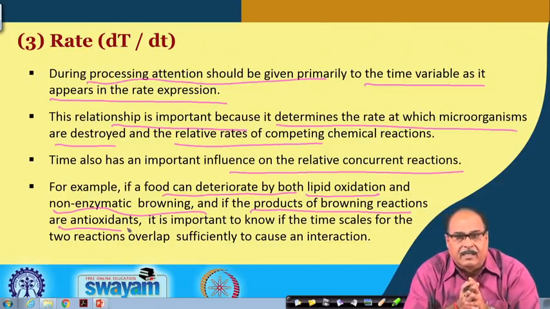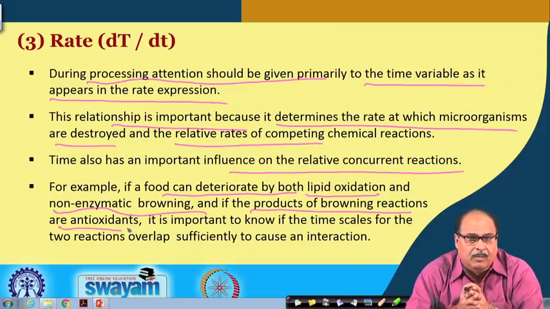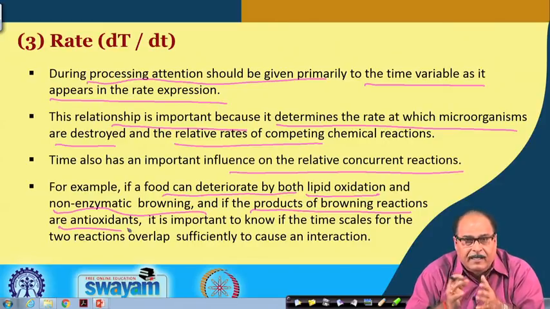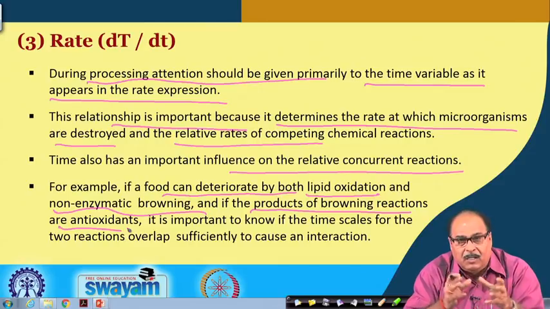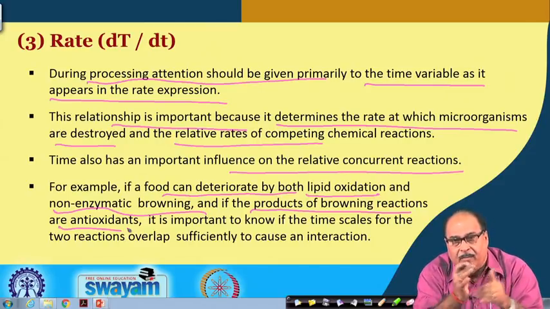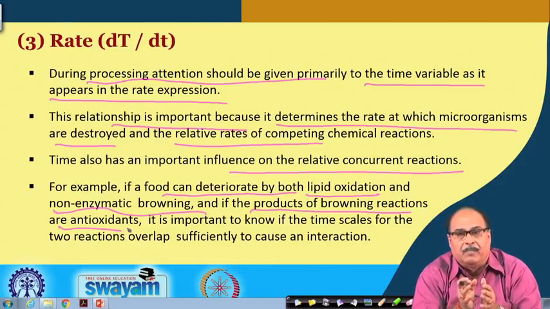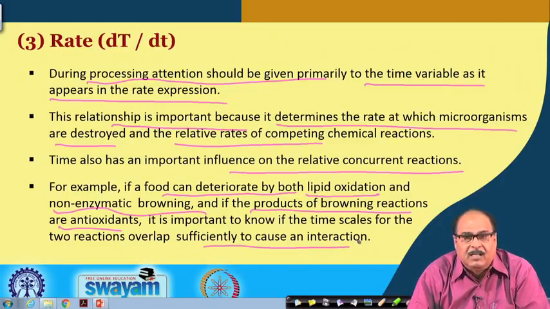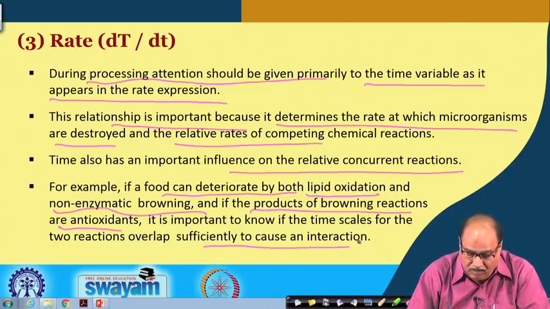We will study the browning reactions in more detail in other classes, where things will become clearer, but the end product of the browning reactions may be an antioxidant. So, if it is so, it becomes important to see whether the time or rate of these two reactions overlap with each other to cause a beneficial or sufficient interaction among them.